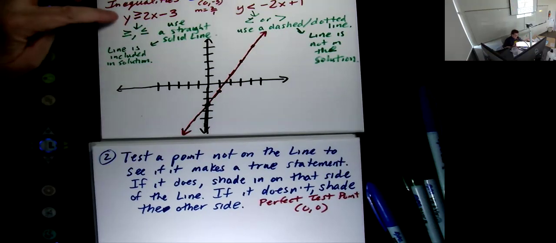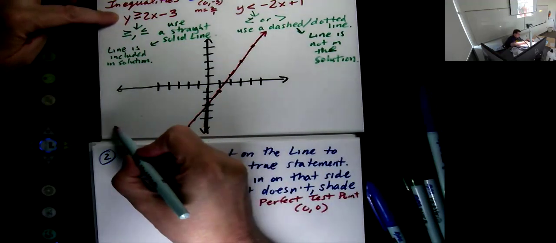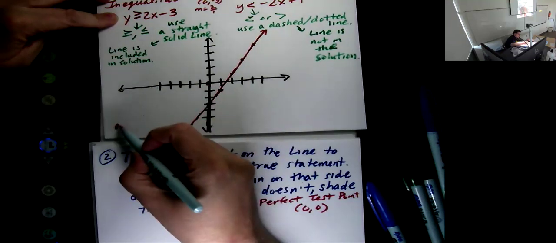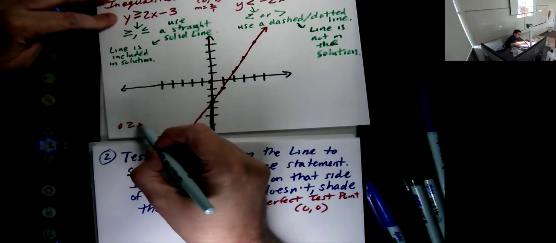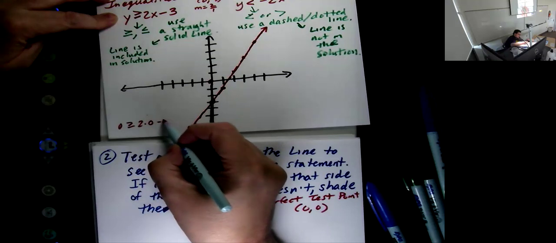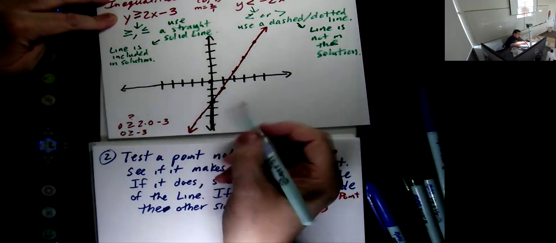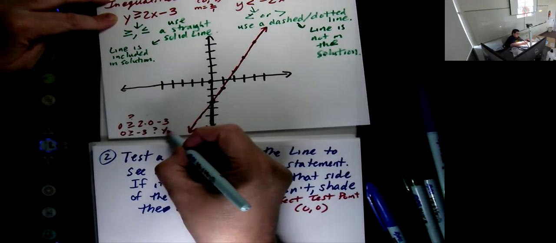So I'm going to test 0, 0 right here. Is 0 greater than or equal to 2 times 0 minus 3? So is 0 greater than or equal to negative 3? Yes.